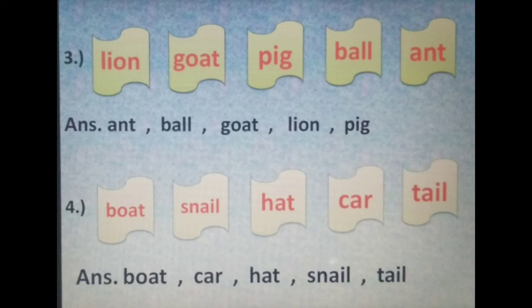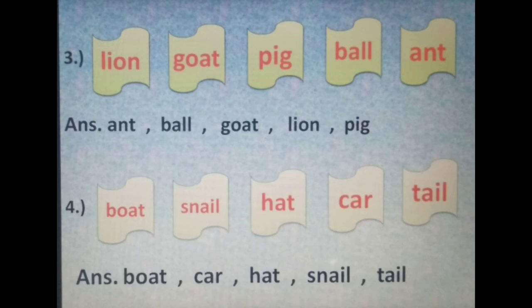In the third example, first word lion, second word goat, third word pig, fourth word ball, fifth word ant. In all these words, what do we have to look at? First letter. Okay.